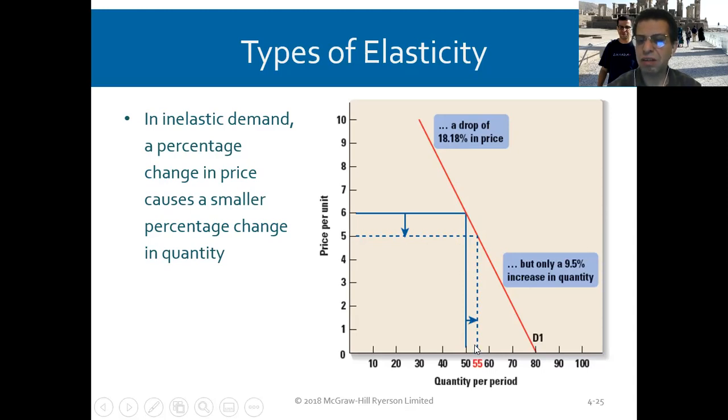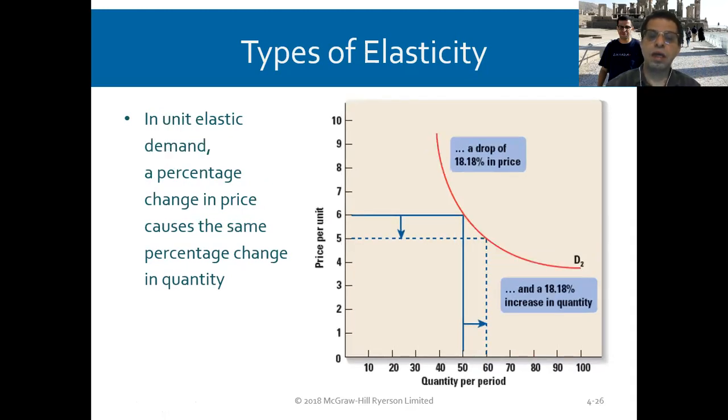If you calculate, it's only about a 9.5% increase in quantity, while you dropped your price by 18.18%. So the percentage change in the price causes a smaller percentage change in the quantity, as in the case of inelastic demand.